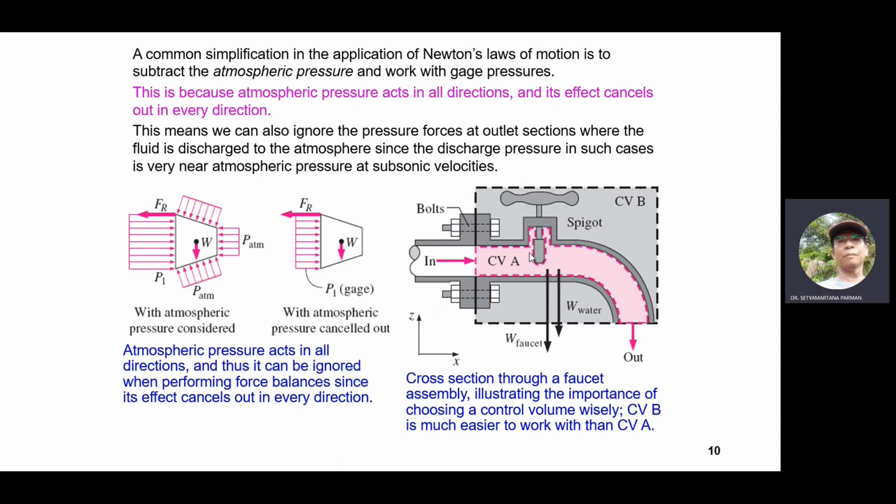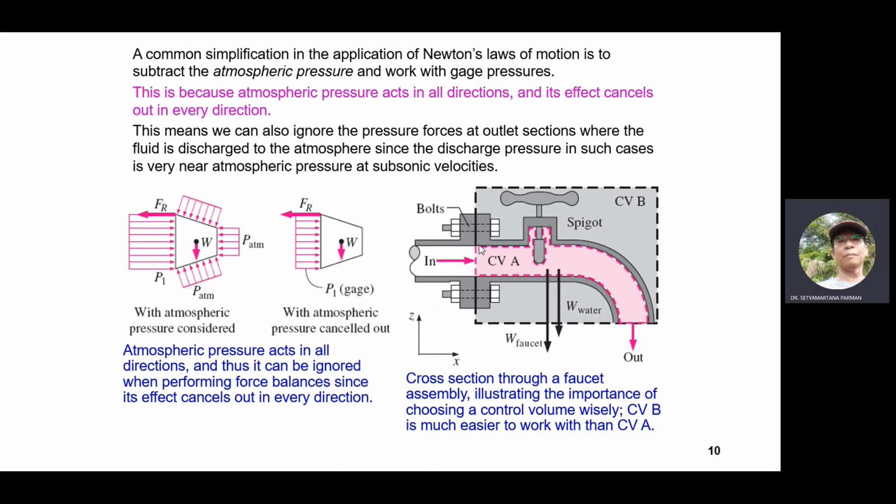It means we can define the control volume here, drawn with the red dashed mark. This is the cross section through a faucet assembly, illustrating the importance of choosing a control volume wisely.